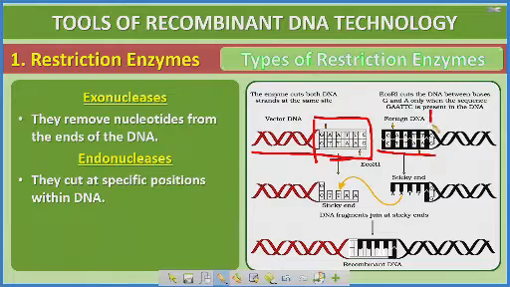So the exonucleases cut the DNA at the terminal sites. But in case of endonucleases, these enzymes cut the DNA within the stretch of it.